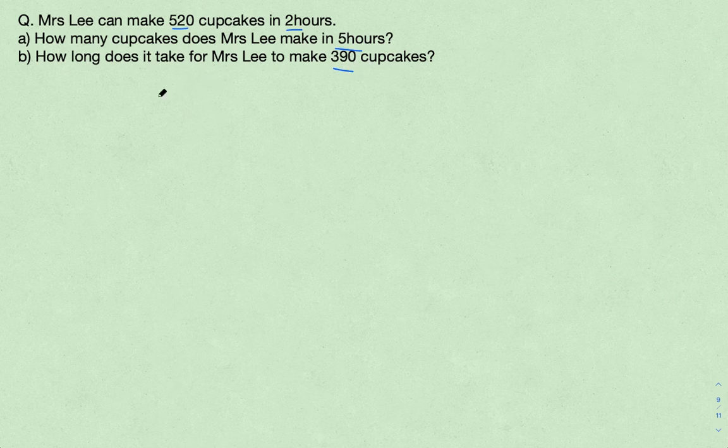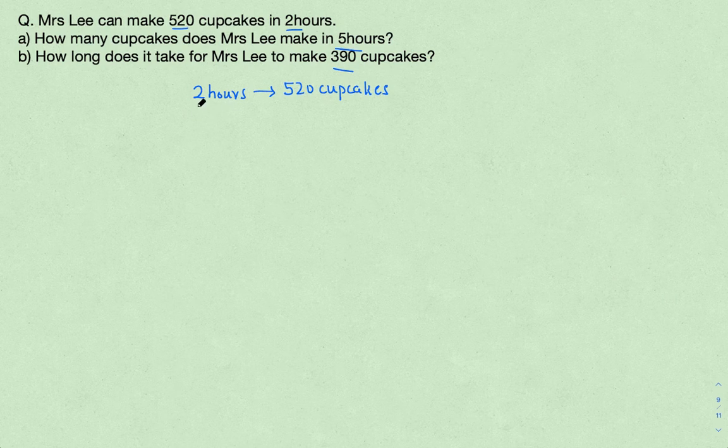In 2 hours she is able to make 520 cupcakes. So how much will she be able to make in 1 hour? First we need to find that, because we need to find out her rate.